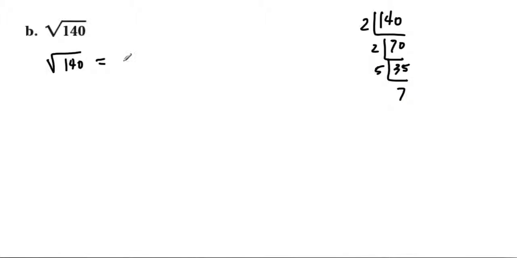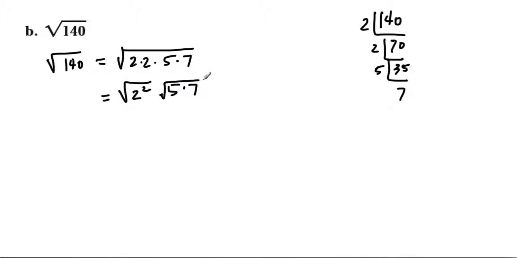So this is radical 2 times 2 times 5 times 7, or 2 squared times 5 times 7, radical that is, or simply 2 radical 35.